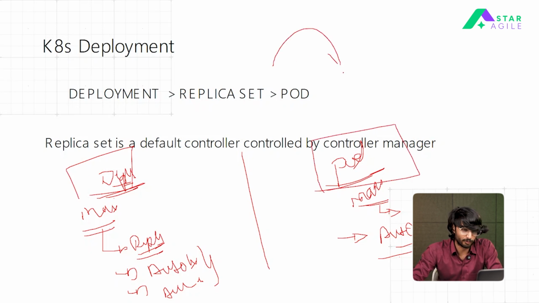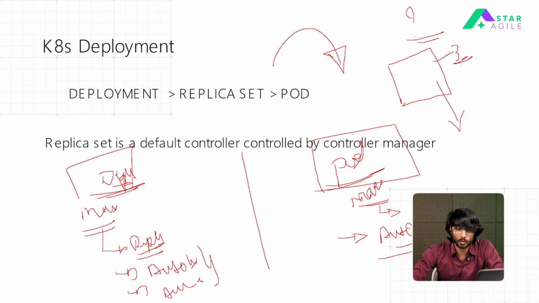Before I move ahead, let me give you one particular question. Currently in my deployment file, I use 3 replicas. In case you want to increase these 3 replicas to 100, how will you do it?